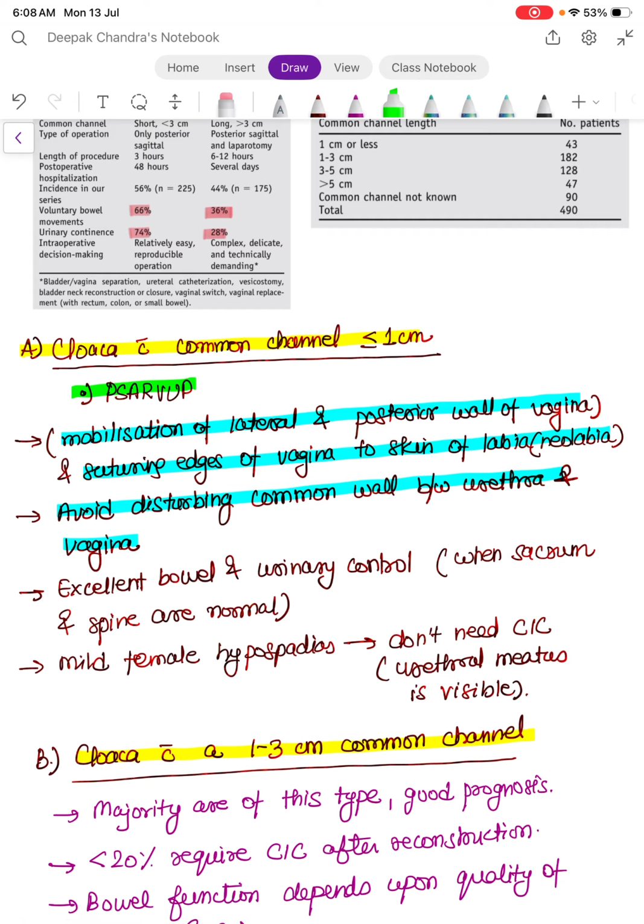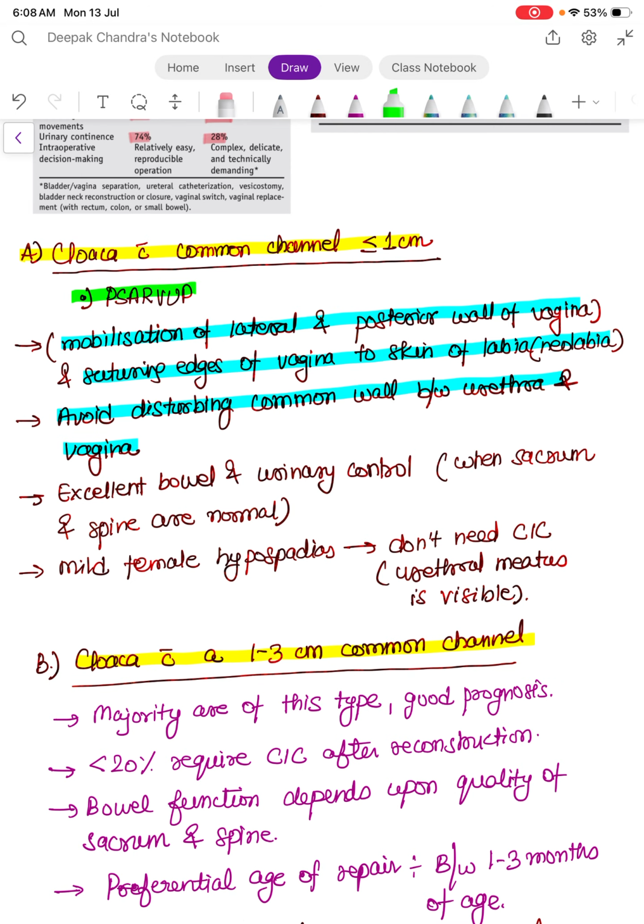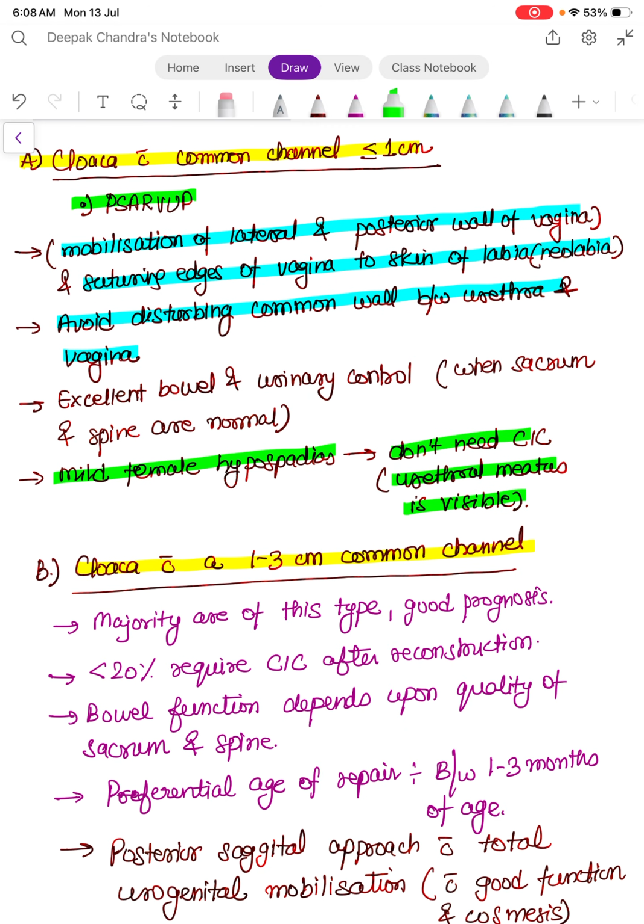Without disturbing the common wall between the urethra and vagina, it helps in achieving excellent bowel and urinary control, provided there is a normal sacrum and spine. Although there will be mild female hypospadias, it does not need CIC the majority of times, as the urethral meatus is visible and we do not have to worry about it.